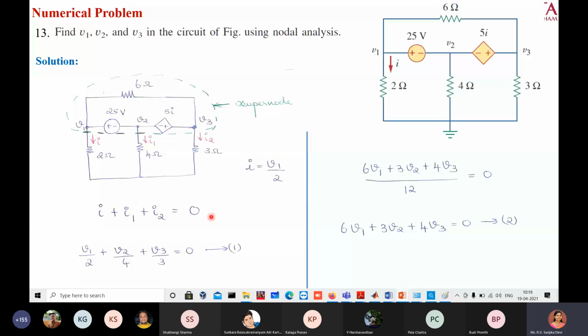So we got one equation. So for one supernode, we will get only 1 KVL, right? No, but here there are 2 voltage sources which we have combined together. So from this we will be able to get 2 equations.